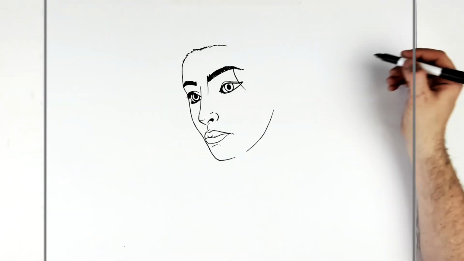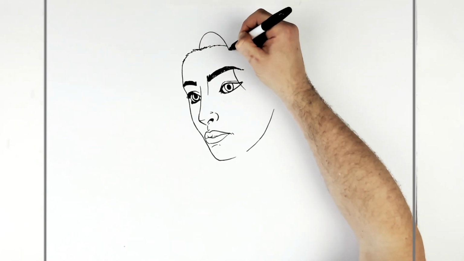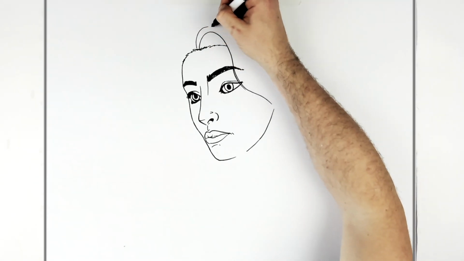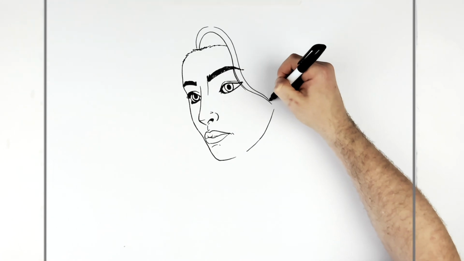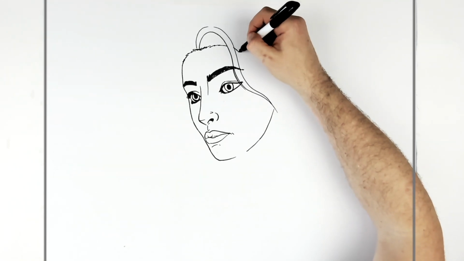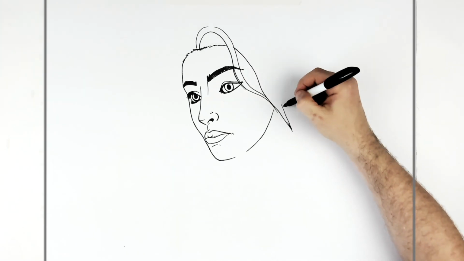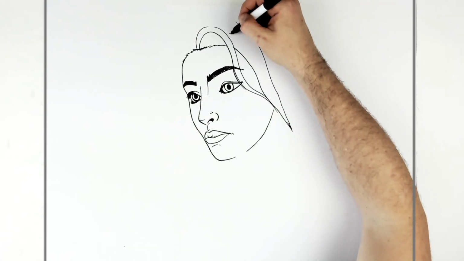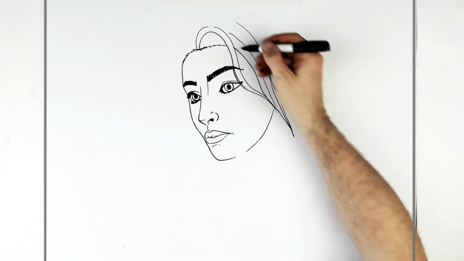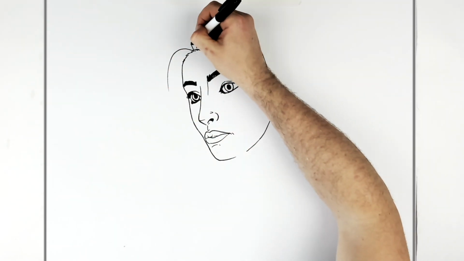And she has quite long hair, so we've got these long flowing sort of parts of her hair here, which come out from this middle section. And there's another long one here. Right, and then the other side, which comes around.